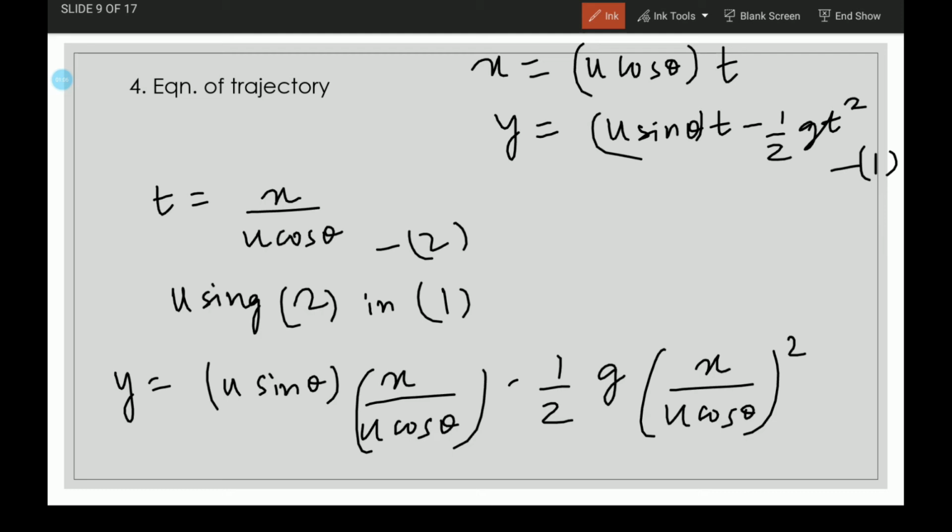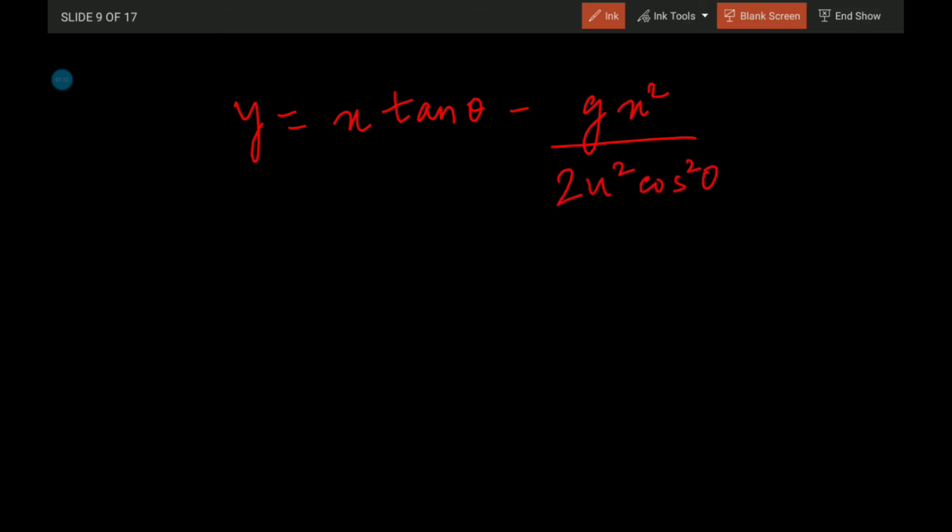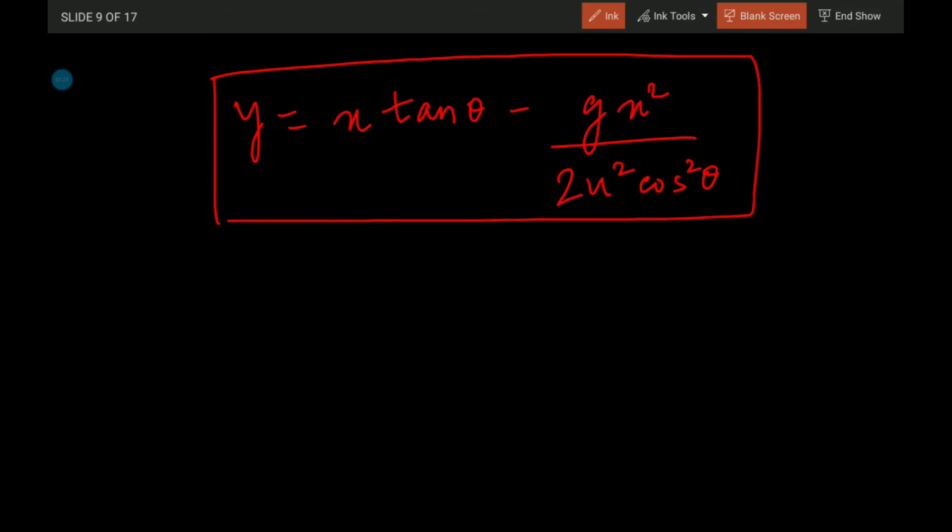Let me go to the blank screen. On rearranging, I can say that y is equal to x tan theta minus gx square divided by 2u square cos square theta. And this, people, is the equation of trajectory.